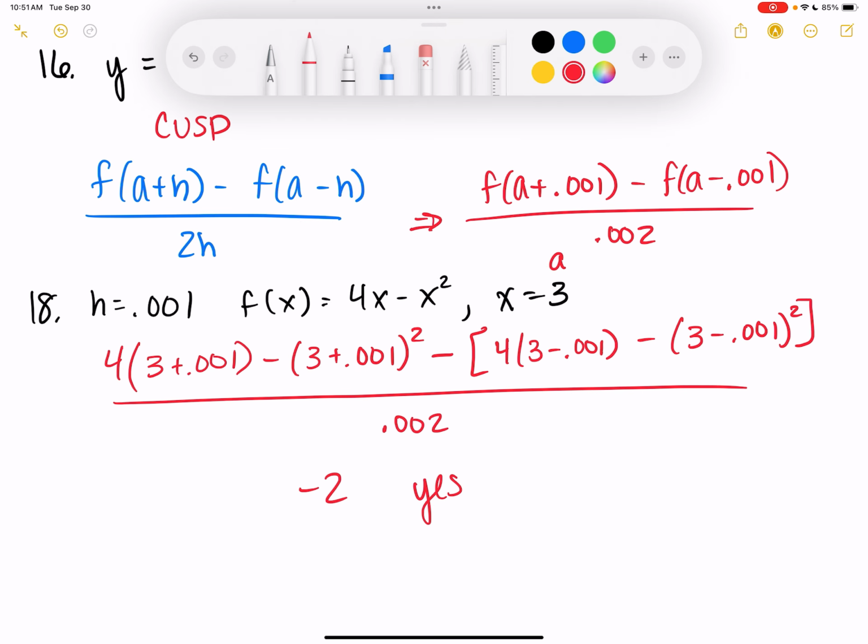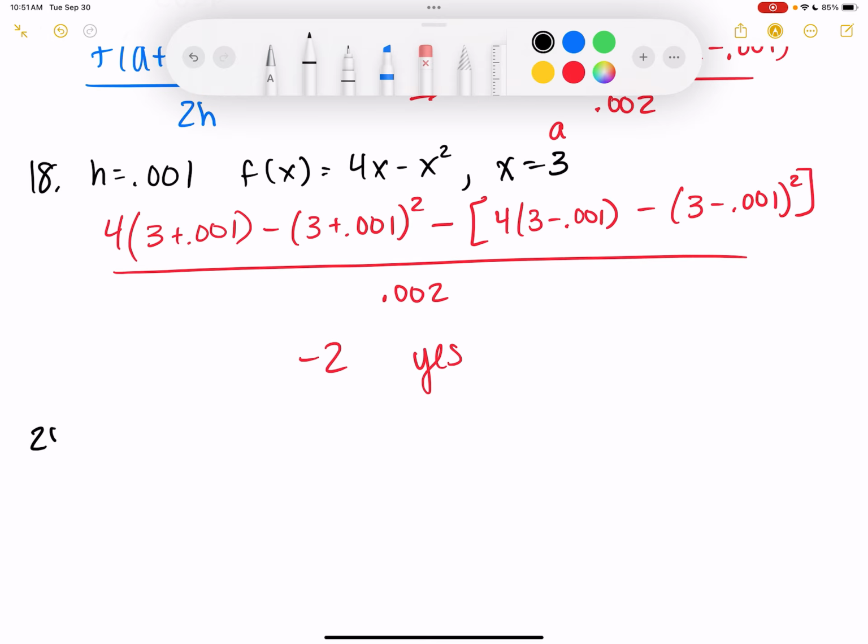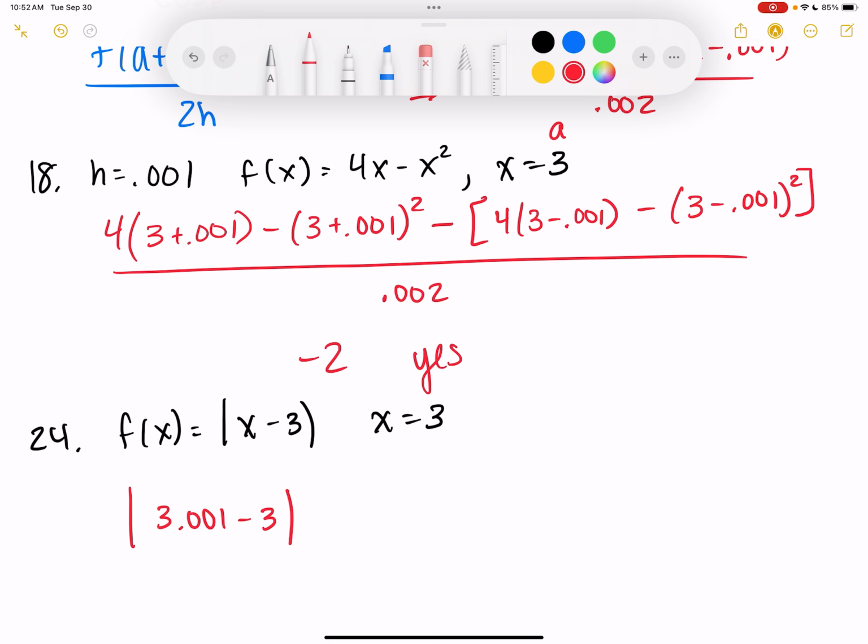So if we do number 24, f of x is equal to the absolute value of x minus 3, and we're doing it at x equals 3. I end up having the absolute value of 3.001 minus 3, and then minus another absolute value, 3 minus 0.001, so 2.999 minus 3, and then all over 0.002.